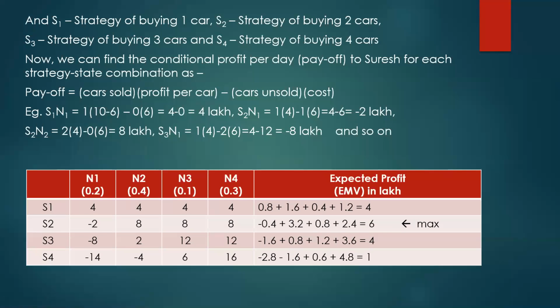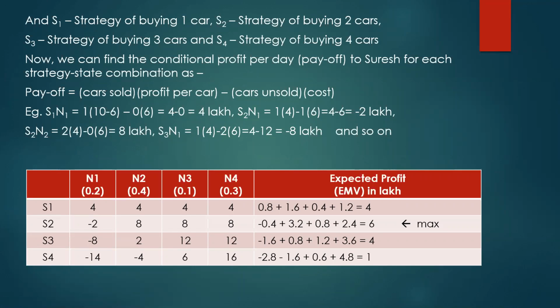And as you know, Suresh is following a strategy of buying 3 cars in the morning. So basically, he's actually making 4 lakh right now. So that is a wrong strategy, and we can recommend that he should go ahead and change the strategy to buying, sorry, 2 cars, and it will give you the best profit.